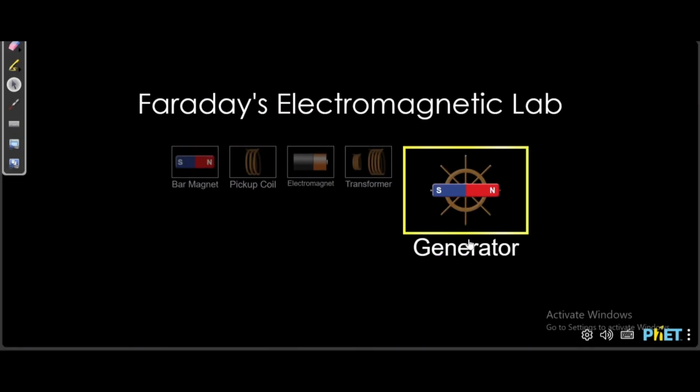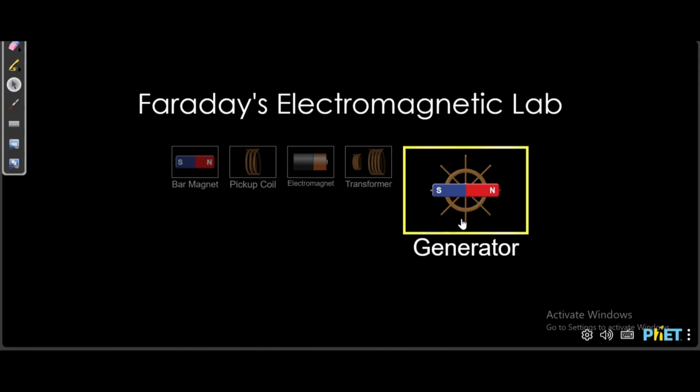This is actually the generator, and the work of the generator is to force the charges in a circuit. So it provides the force which will be exerted on the charges to move them in a circuit.